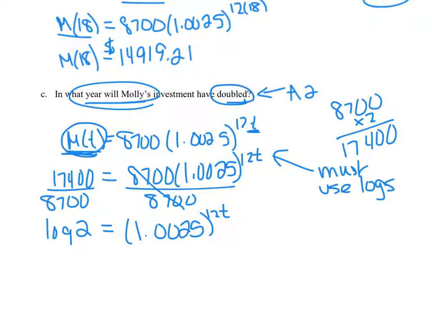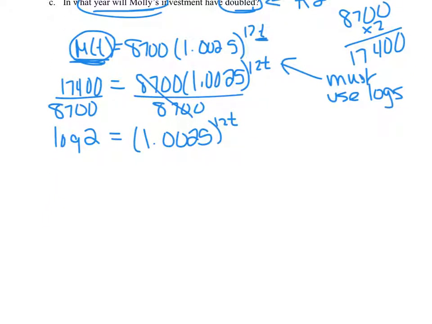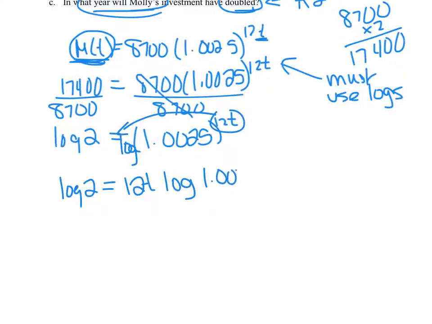So when we log both sides, that 12t comes out in front, so we get log of 2 equals 12t log of 1.0025, and then we're simply going to divide away anything that isn't the t. So we're going to get rid of this and this.